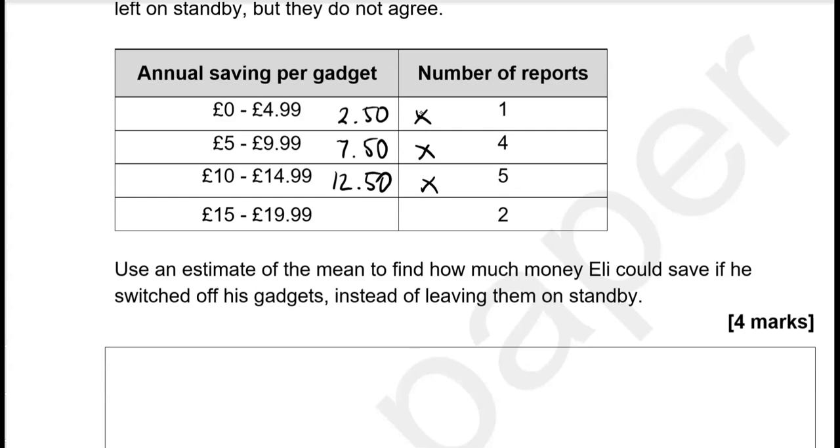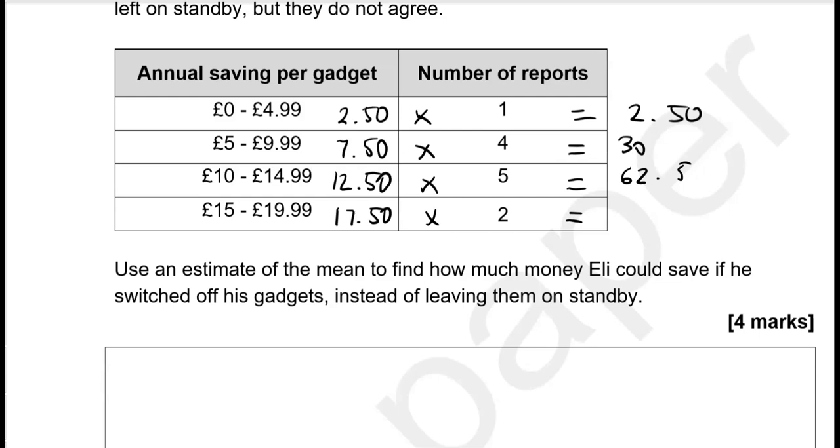Midpoint between 15 and 19.99 is going to be 17.50. Working these out, 2.50 times 1 gives us 2.50. 7.50 times 4 gives us 30. 12.50 times 5 gives us 62.5. 17.50 times 2 gives us 35.